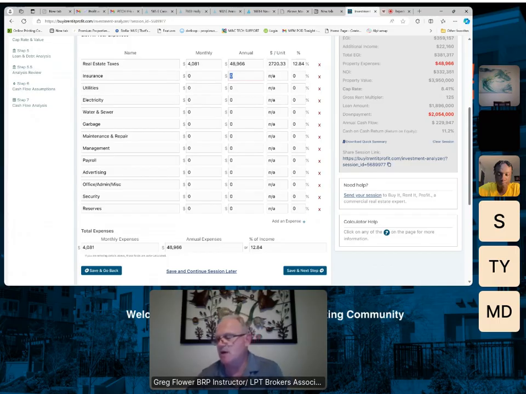They have insurance companies that they deal with all the time, and before they list a property, they will get insurance quotes. But what I did is I took their insurance number and I added 15% because it's going to go up, especially after a purchase. I think they purchased this property 4 years ago, and they paid just over $2 million for it. So it's going to go up, and so is your insurance.